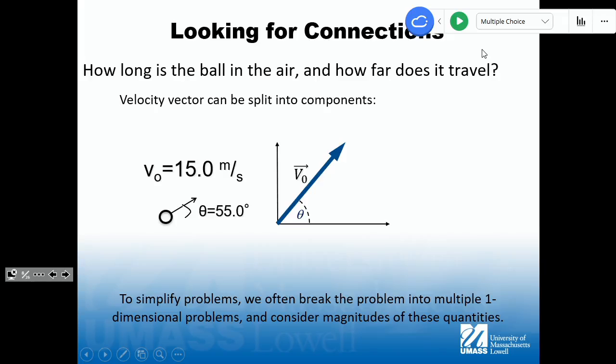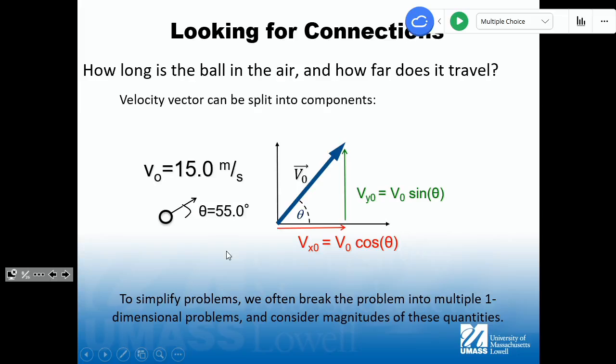We know V0 has a magnitude of 15 meters per second, so the length of this vector is 15 meters per second, and this theta is 55 degrees, according to my question. The side adjacent to the angle will be the cosine. So Vx initial is V0 cosine theta, and Vy initial is V0 sine theta.